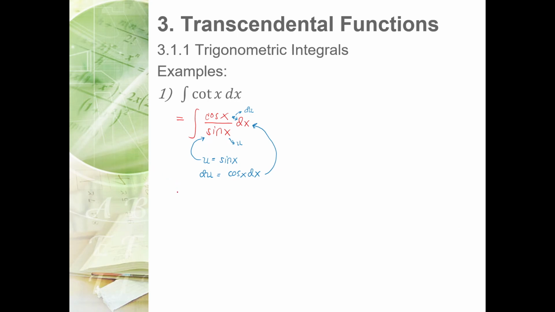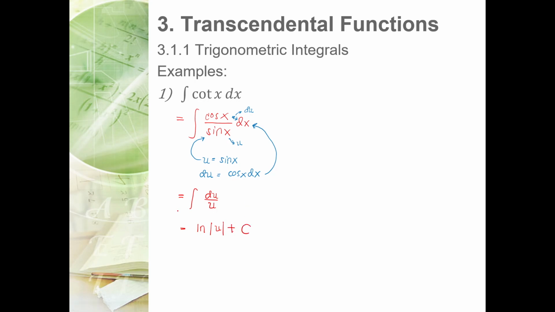Changing the whole equation, you have du over u for our final form of the formula. And again, this one is a basic formula. So you have ln of u plus c.